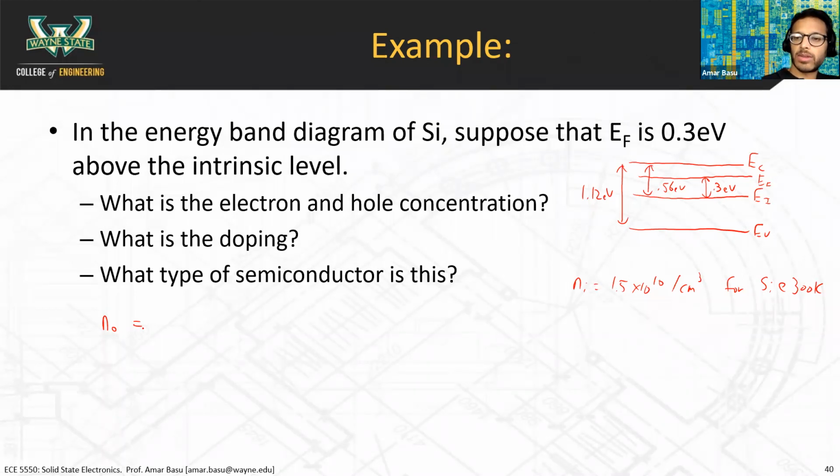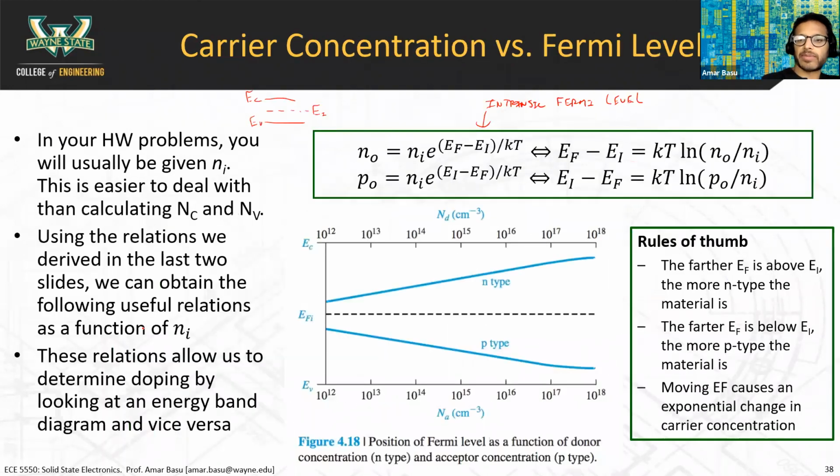Okay, if you're given the energy band diagram and you're trying to find the electron concentration, you're actually better off using this first form of the equation. You're suggesting to use this one, which is fine. You could also use that as well, but it may be easier to use this one. When you're given the energy band diagram and you want to find the electron concentration, go for this one.